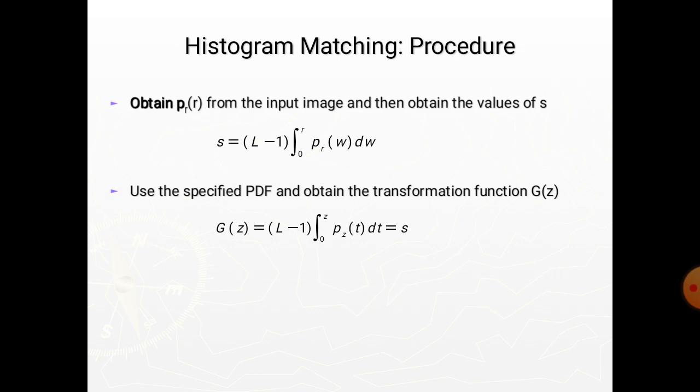Similarly, the transformation function G(z) can be obtained using equation 11, because p_z(z) is given. So the mapping from s to z is z = G^-1(s).